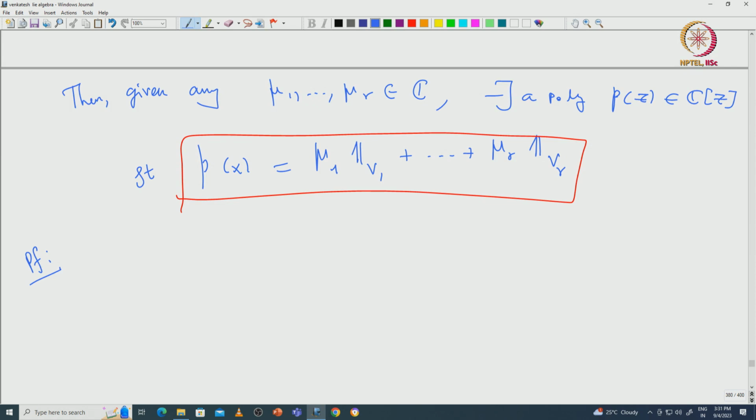So what we do is locate this polynomial using the Chinese remainder theorem.